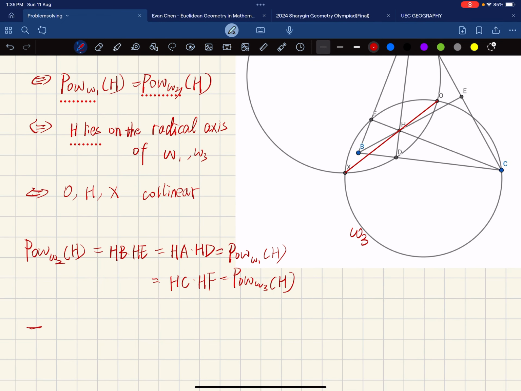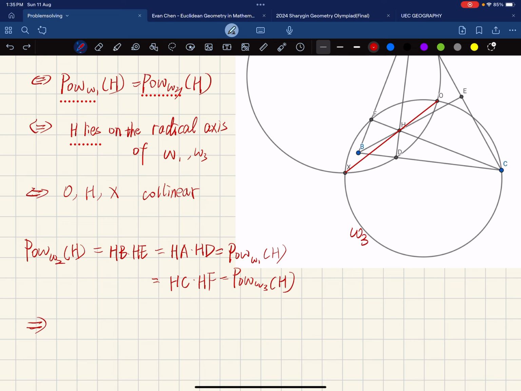And that shows that H lies on the radical axis of the two pairs of circles, omega 1 and omega 2, omega 3 and omega 2 respectively.